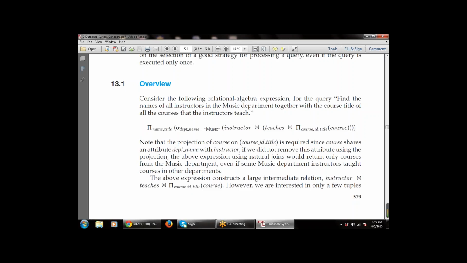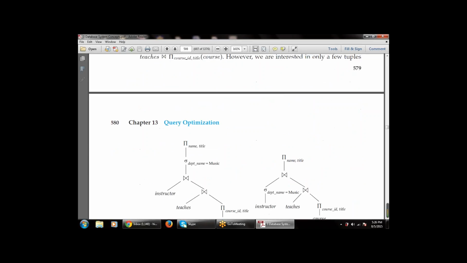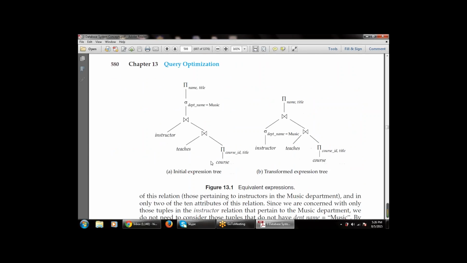The above expression constructs a large intermediate relation, that is, instructor joins teaches joins course ID, title, course. However, we are interested in only a few tuples, not every tuple of the relation that is used.